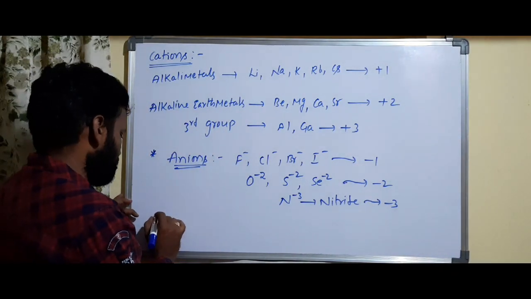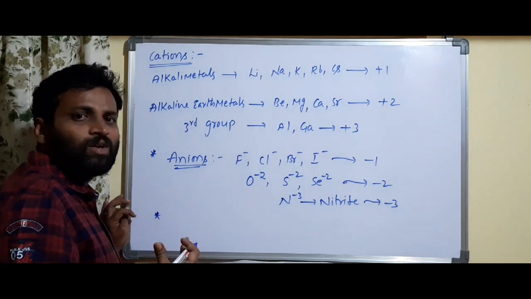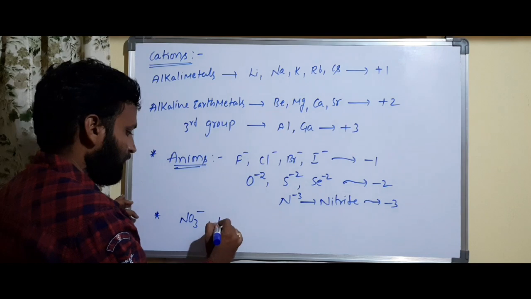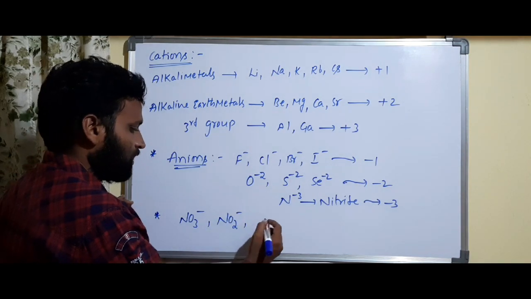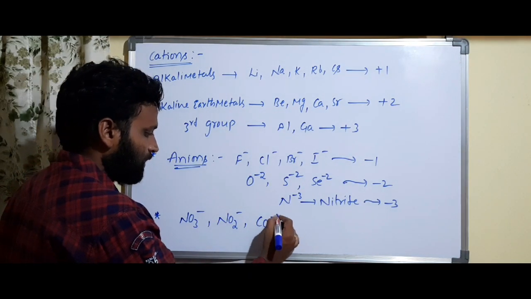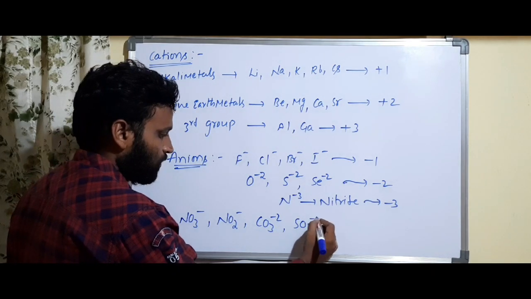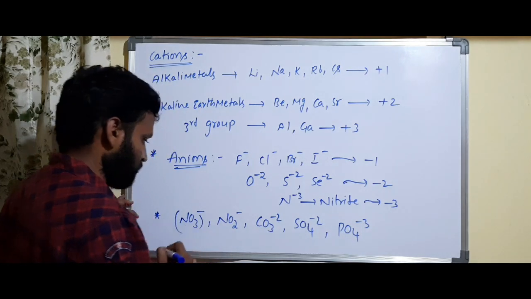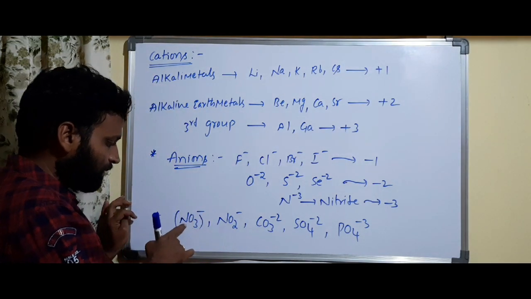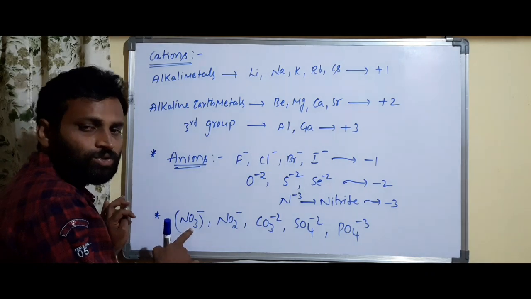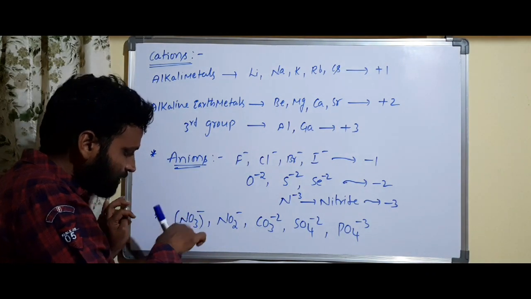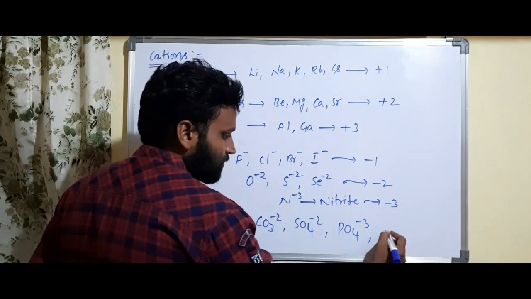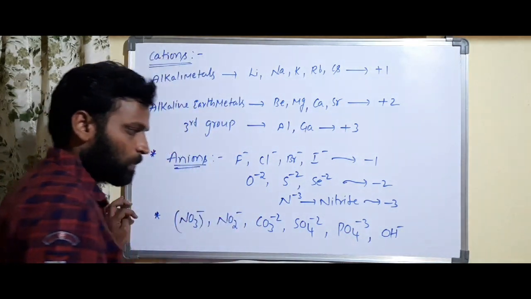And there are some multi-atomic anions like NO3-, NO2-, CO3 -2, SO4 -2, PO4 -3. These are all group charges. This -1 not only belongs to nitrogen and not only belongs to oxygen. This -1 is the whole charge you have to consider, like OH-. Get it?